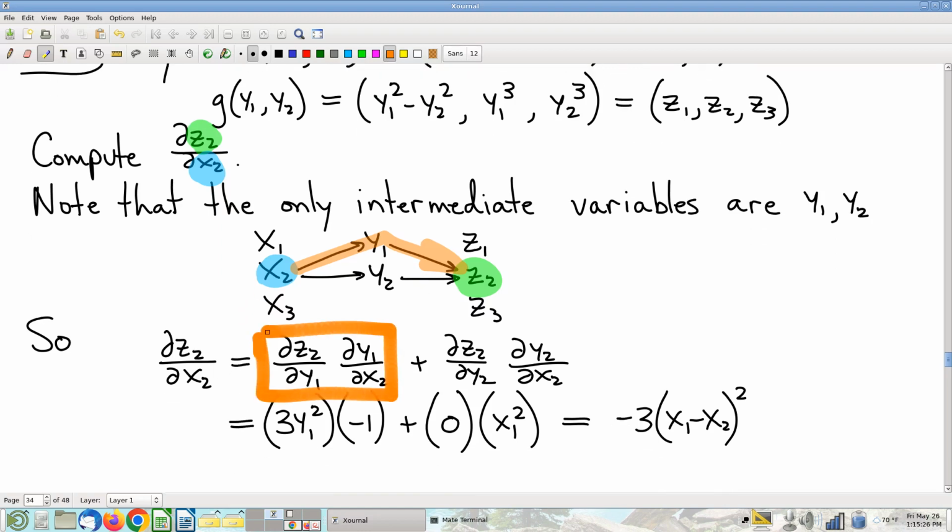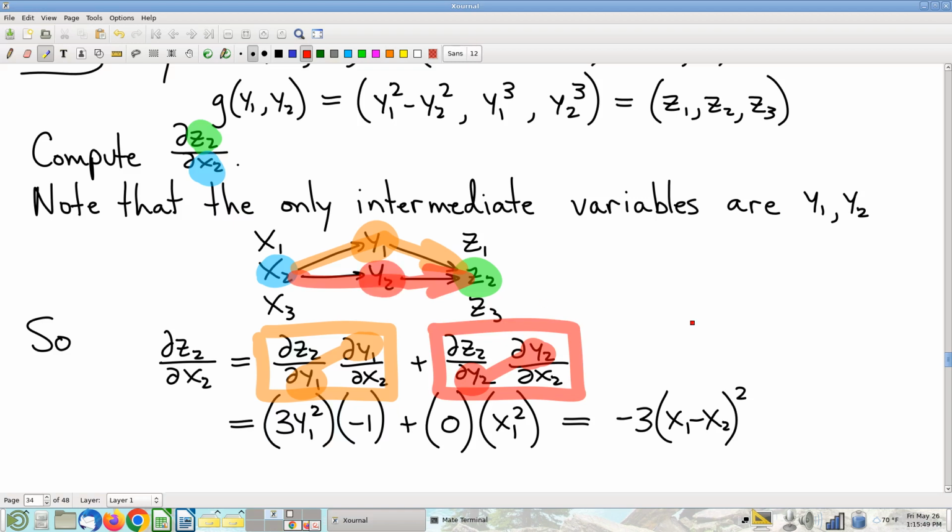That gives me this as my first term. Notice y1 is the intermediate variable. This is therefore the y1 term. And then here's the second path. That gives me this second term where y2 is that intermediate variable.